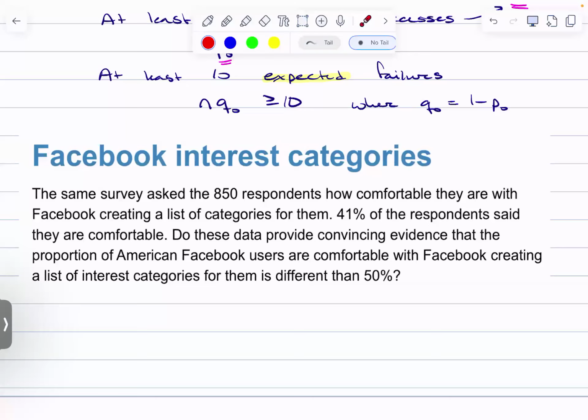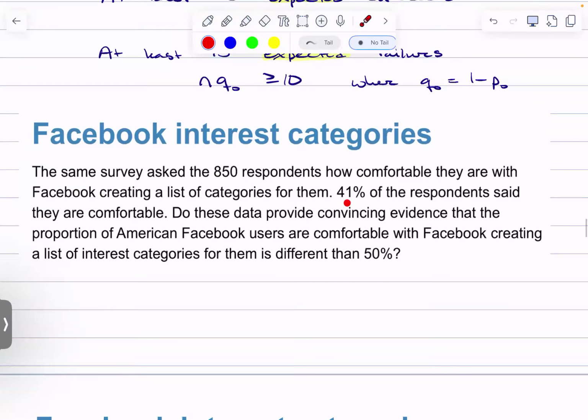So we're talking about the same survey, and it asked 850 respondents how comfortable they are with Facebook creating a list of categories for them. And 41% of the respondents said that they are comfortable. Now, if it's 41% of the respondents, that's a sample proportion.